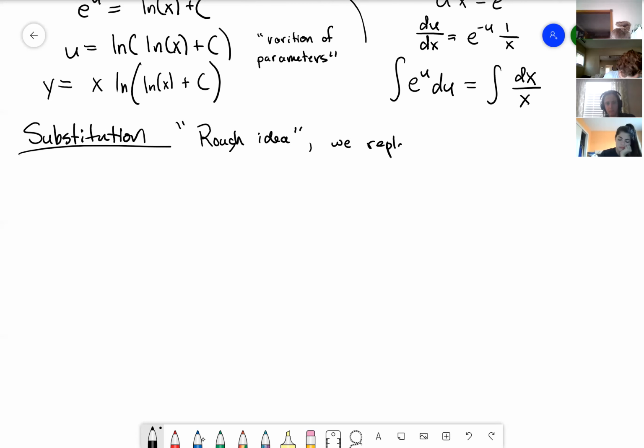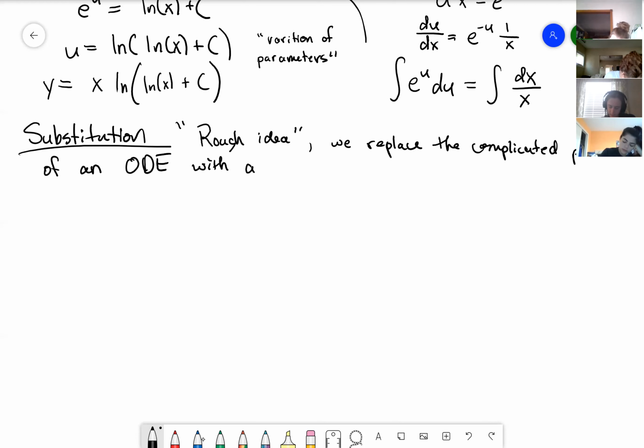We replace the complicated part of an ODE with a new variable, rewrite the equation, and hope for the best. This is another example of the try something reasonable and see if it works principle.